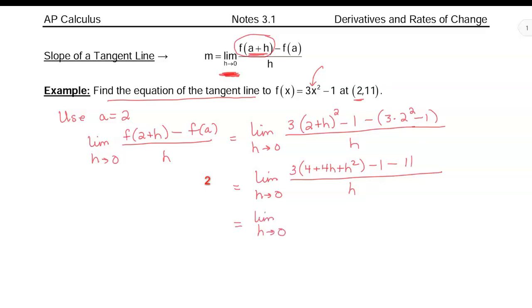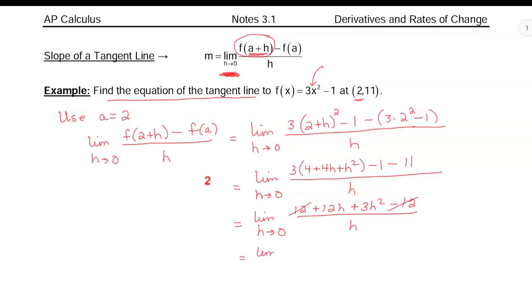Now I'm going to distribute the 3. So I'll get 12 plus 12h plus 3h squared minus 12. You may have noticed I have a positive 12 and a negative 12. Those are going to add up to 0.